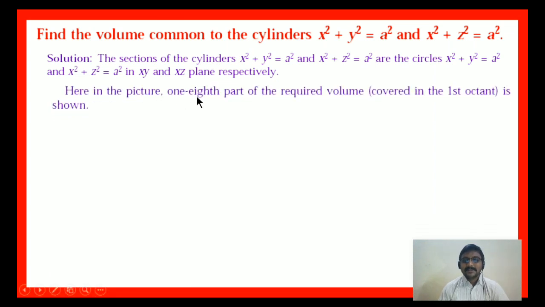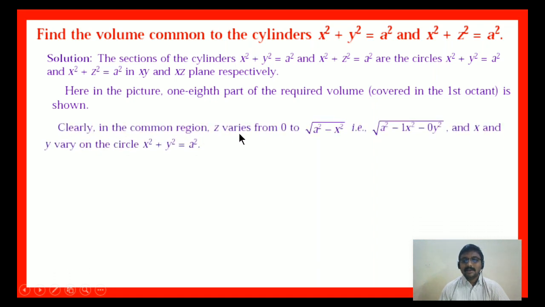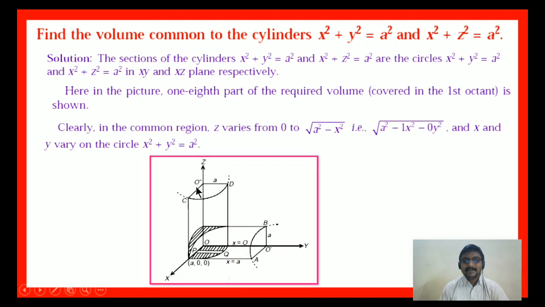Here in the picture, 1/8 part of the required volume covered in the first octant is shown. So clearly in the common region z varies from 0 to root of a square minus x square. Here is the rough sketch of the region. So clearly we will have the two circles about these two cylinders, whose bases are as shown in the figure.